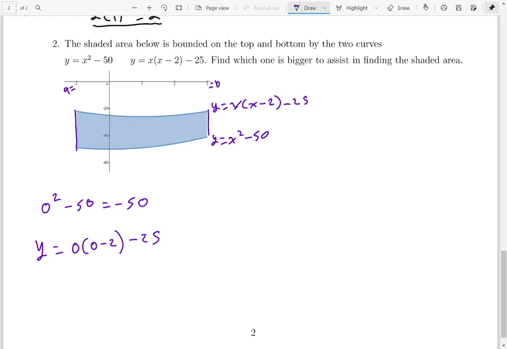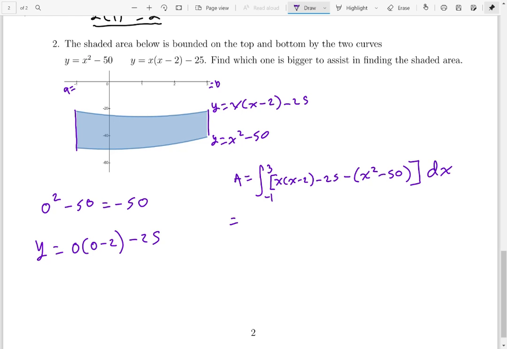And so with this being the case, if I want to find this shaded region here, I'm just going to find that the area is equal to the integral from -1 to 3 of the top, which is x times x minus 2 minus 25, minus x squared minus 50. And so then at this point, well, don't forget our dx.